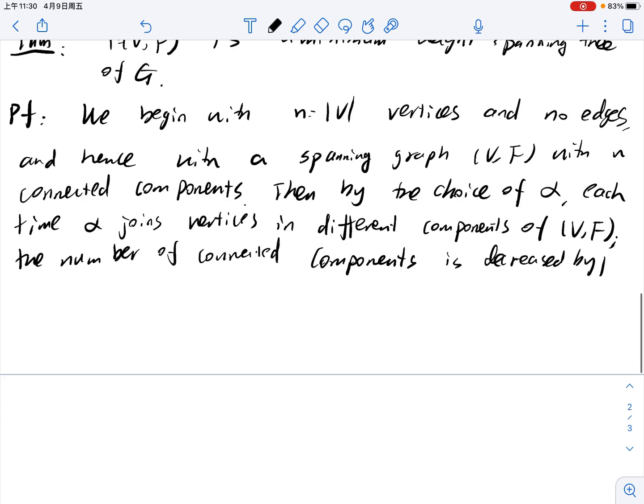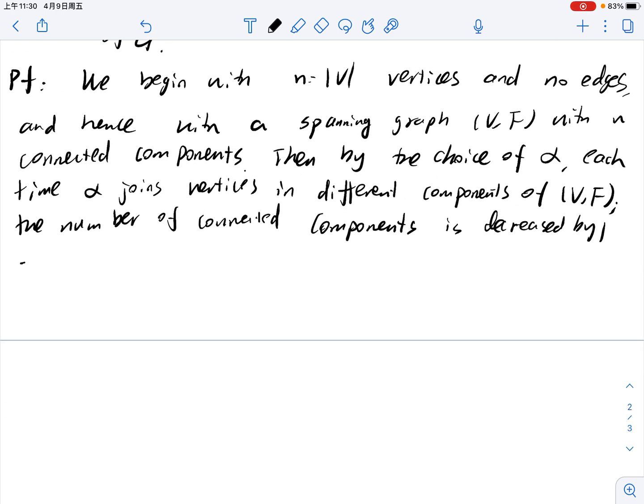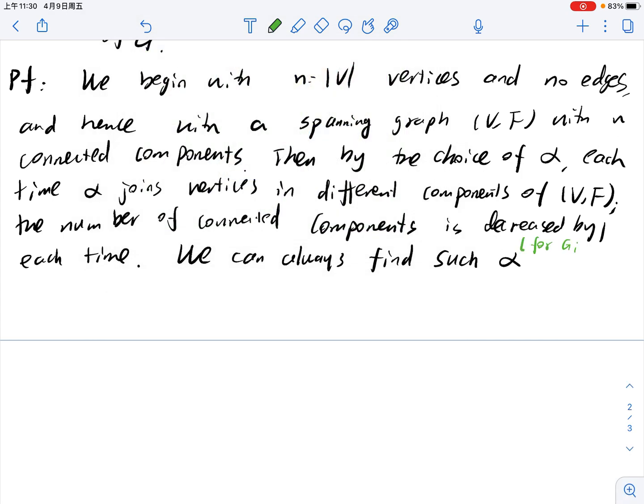After you put in alpha each time, we can always find such alpha. This is not trivial, for the reason that G is connected.